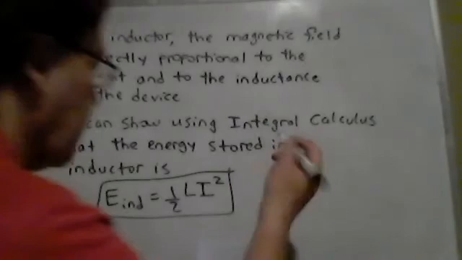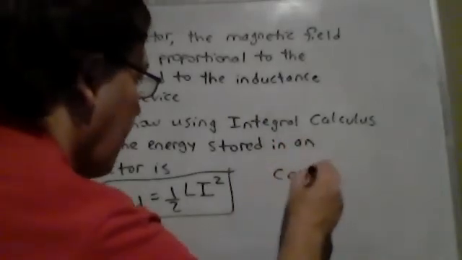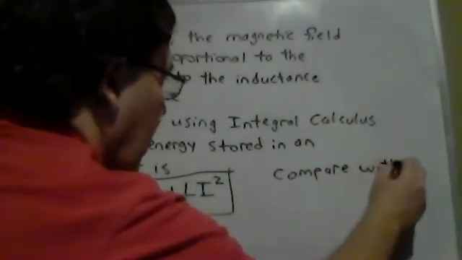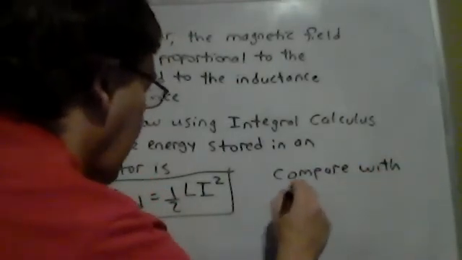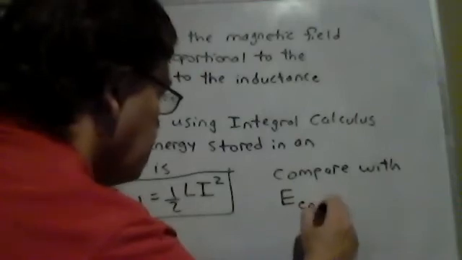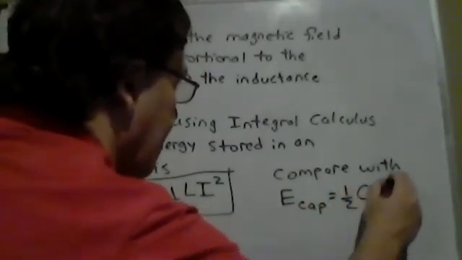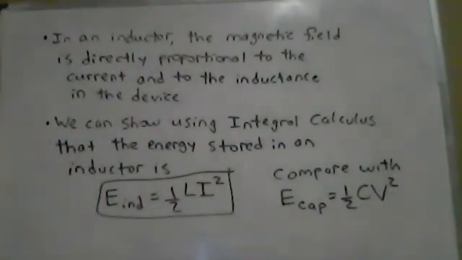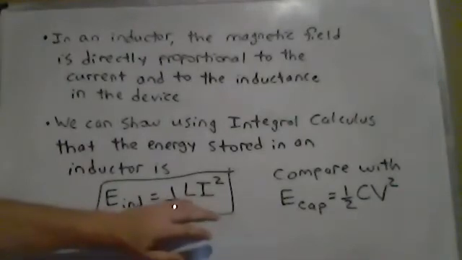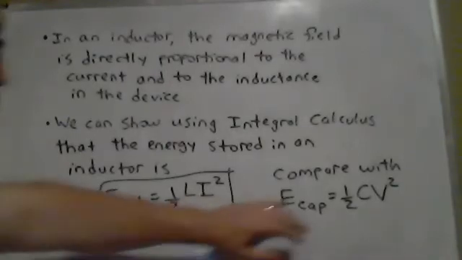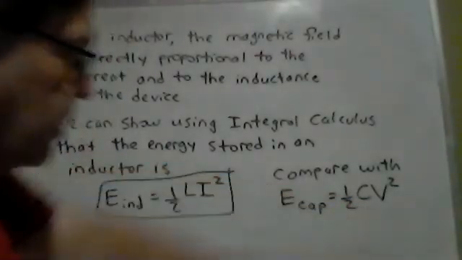We can compare this with a capacitor. Just for comparison, for the capacitor, E cap was 1/2 C V squared. Again, similar looking form. Basically the energy is directly proportional to the inductance for the magnetic energy. For the electric energy, it's proportional to the capacitance.